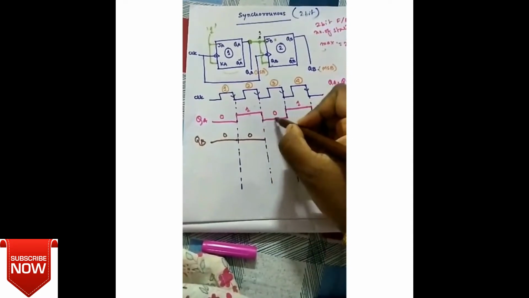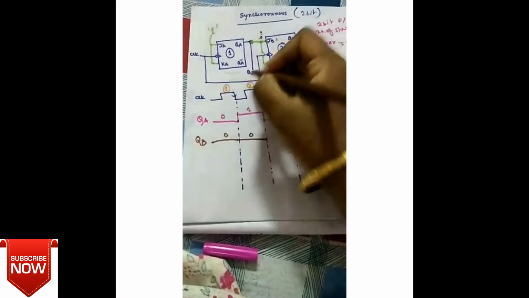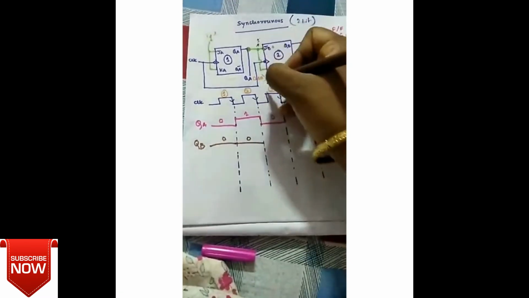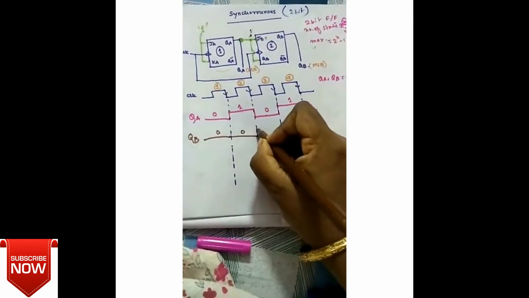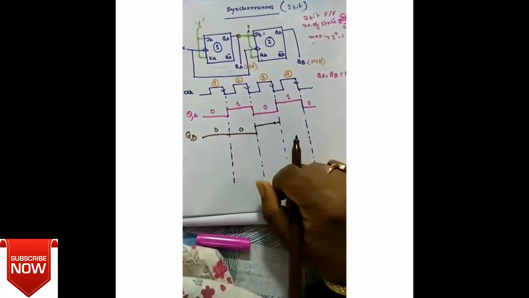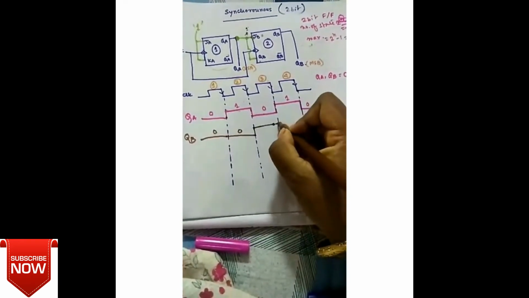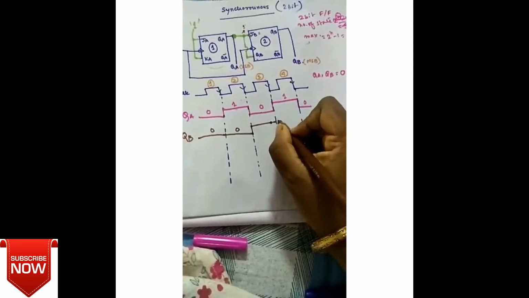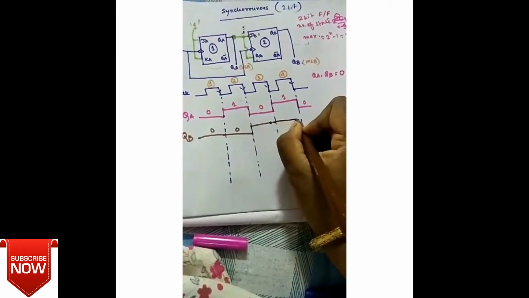Before it falls to 0, this input is taken as 1. So when 1 1 happens, then this QB is changing the state now. So it is changing the state, right? So it is now 1, and it will continue its state up to the next negative edge trigger.